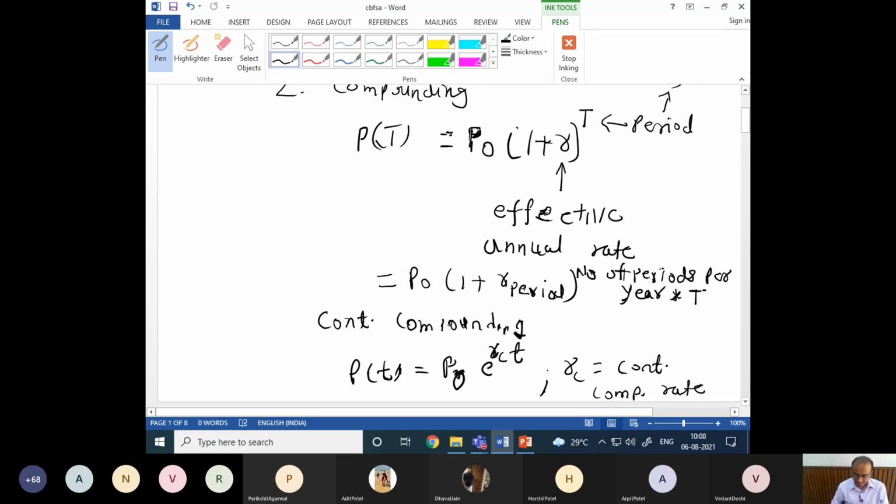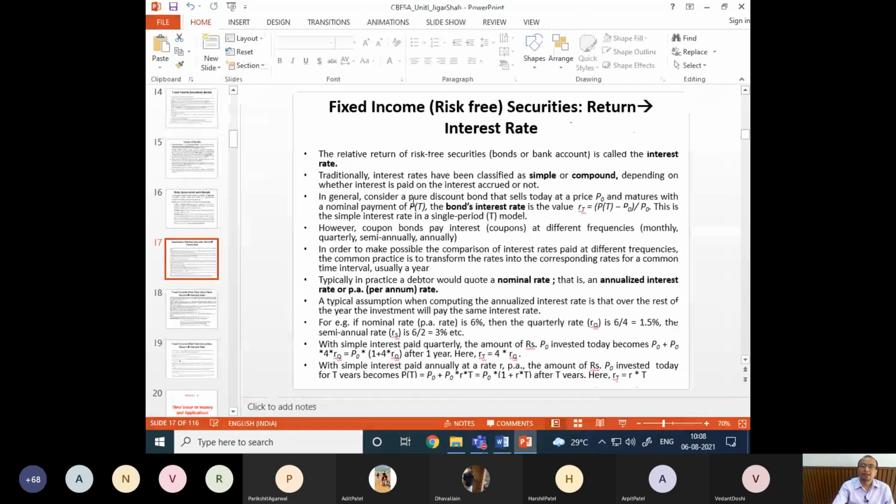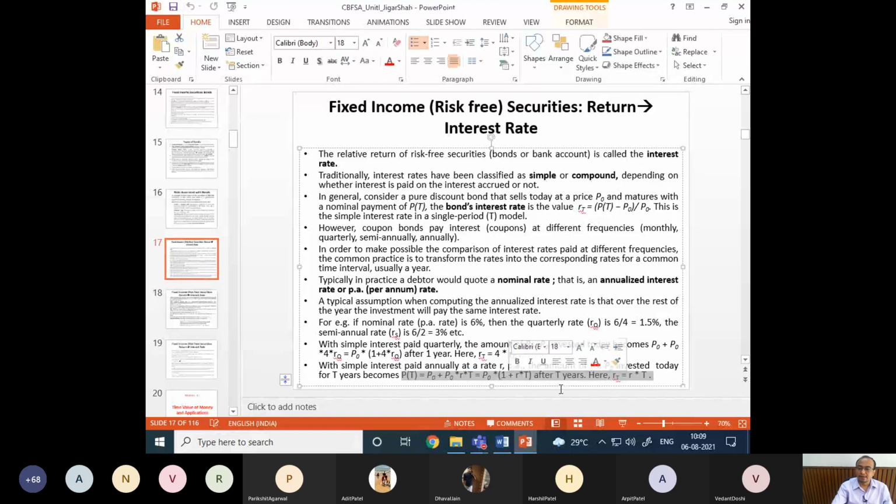All right, so I hope you are able to recall all these formulas that we have seen last lecture. Let me summarize that in the Word document, and then we also see in this PPT the simple interest calculation. P_T is equal to P0 into (1 plus R_T). We get this much return after T years.